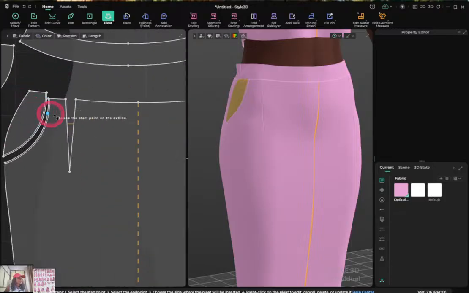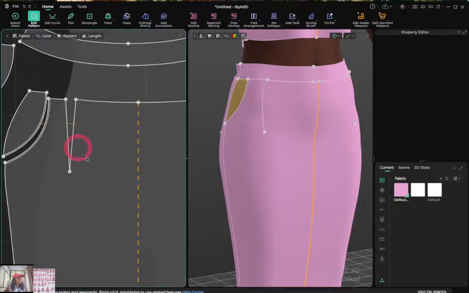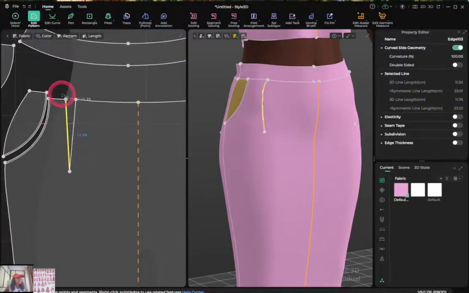I think I have to shift this dart because it's really messing with me, you know. I have to shift it a bit. Maybe move it like there.